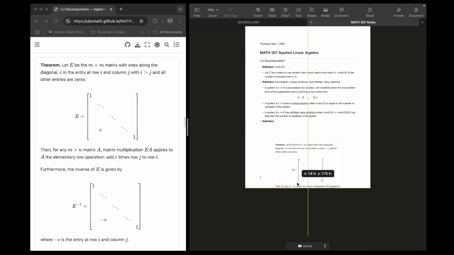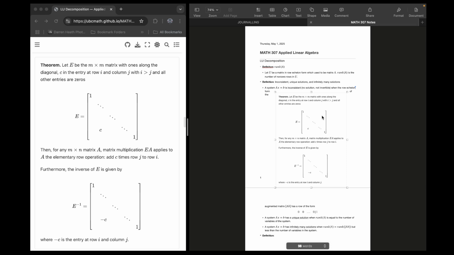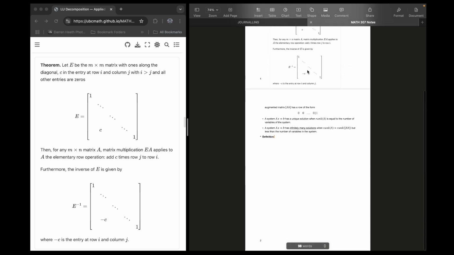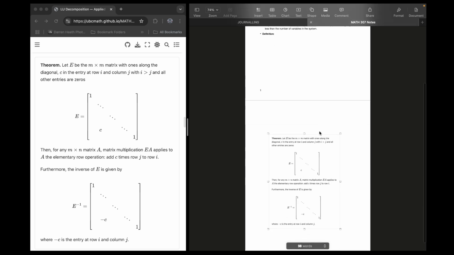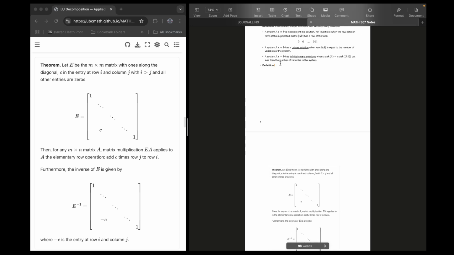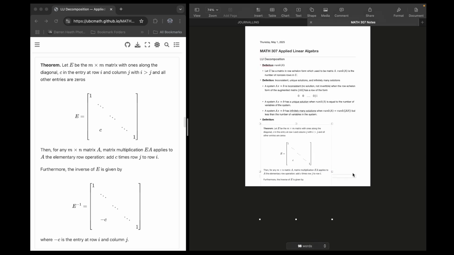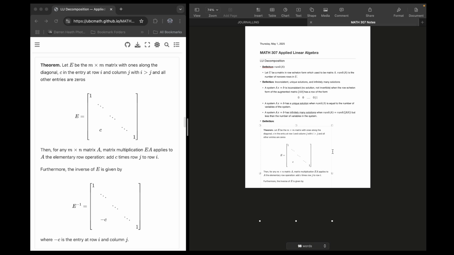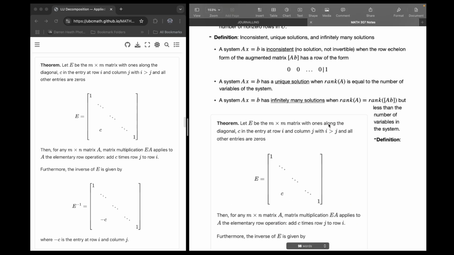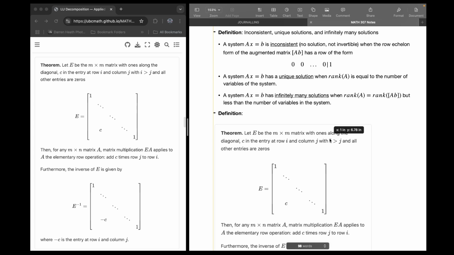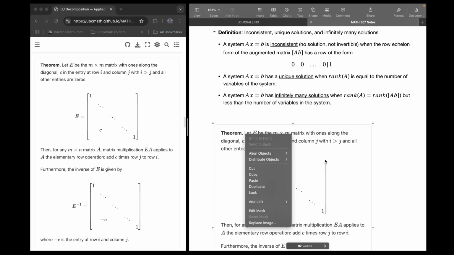I don't understand pages, bro. Oh, can I?